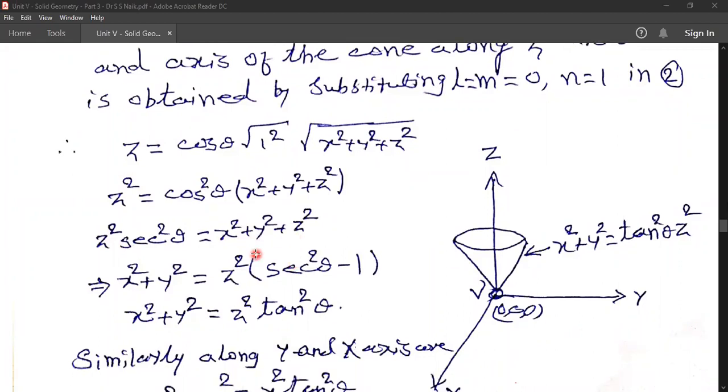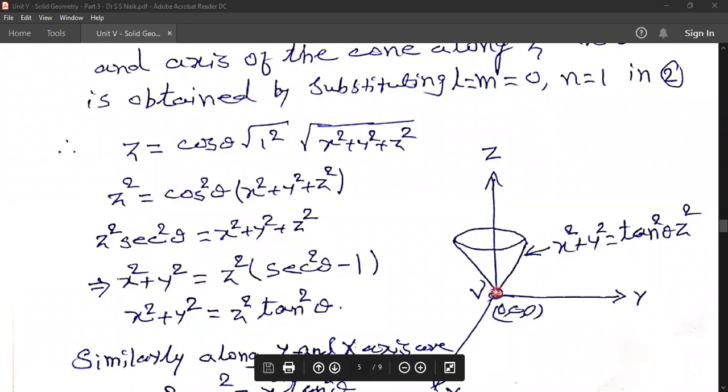So this implies x square plus y square is equal to z square into (secant square theta minus 1), and secant square theta minus 1 is equal to tan square theta.